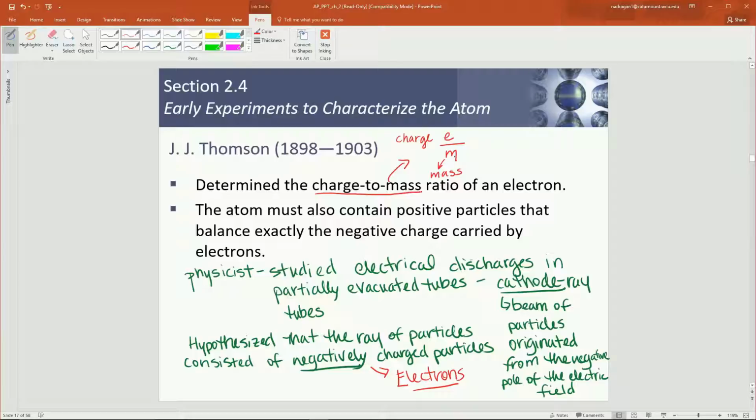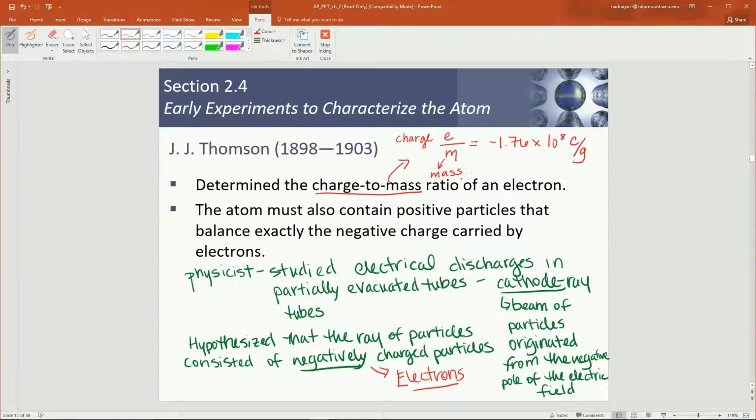He found that it was equal to negative 1.76 times 10 to the 8th coulombs per gram.